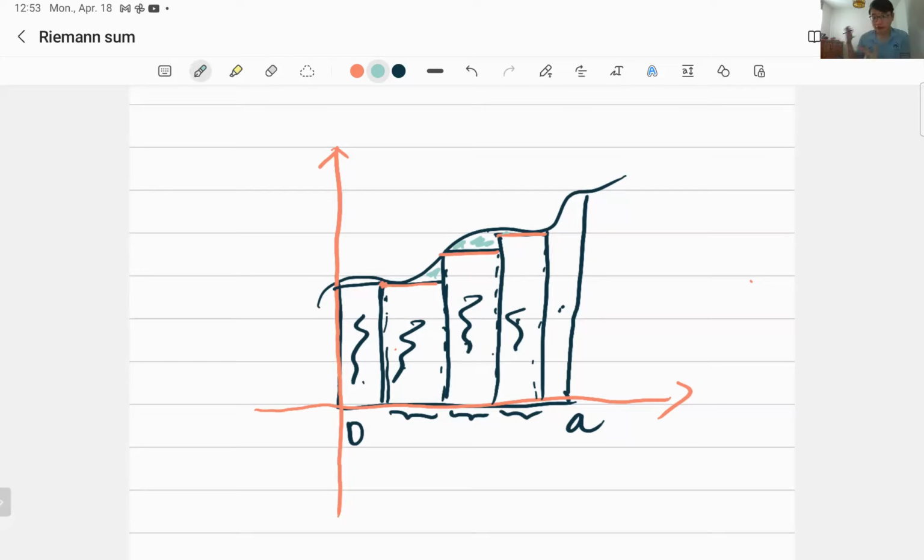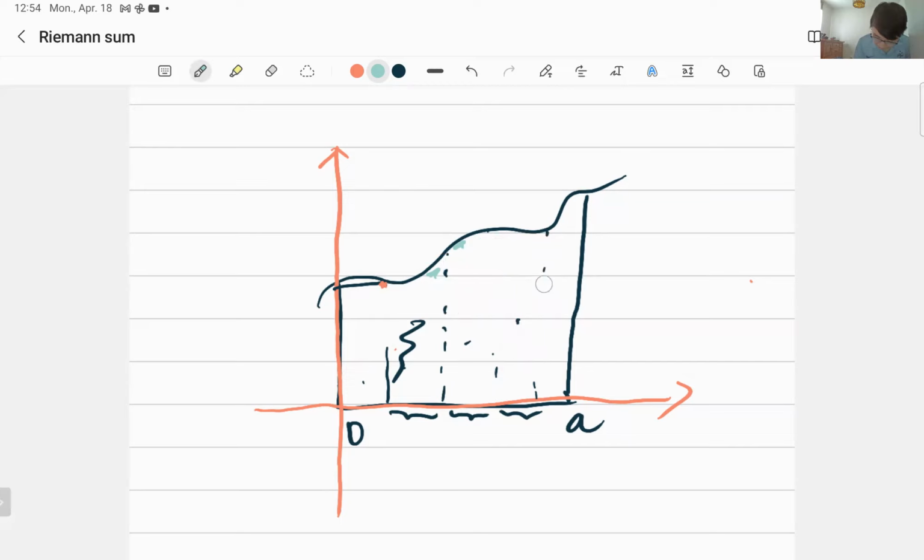Now, if I want to reduce that while using the same left-side height of the rectangle, I have to divide into more rectangles. So next, instead of drawing 5 like the previous one, let's draw more rectangles.